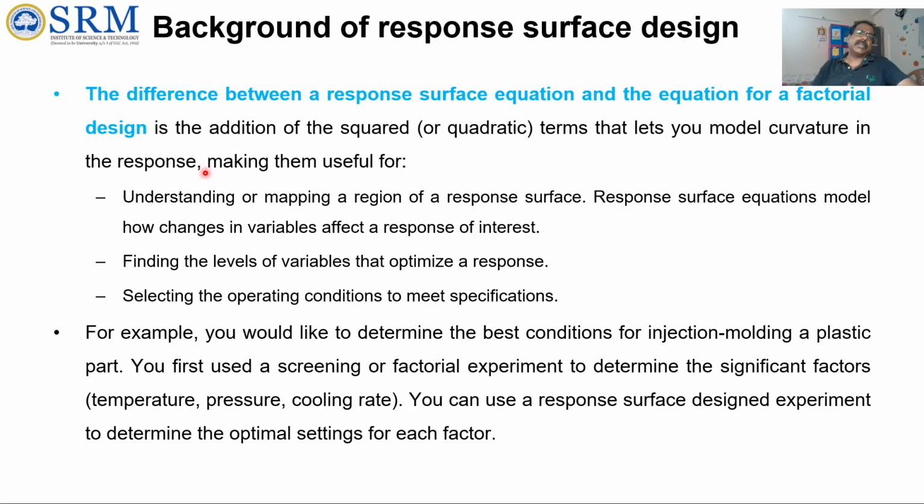So we need to provide curvature and predict that model. Adding squared or quadratic terms in that equation will give us the response design. That is the main difference between factorial design and RSM design. So adding a squared term inside our regular model is RSM design.